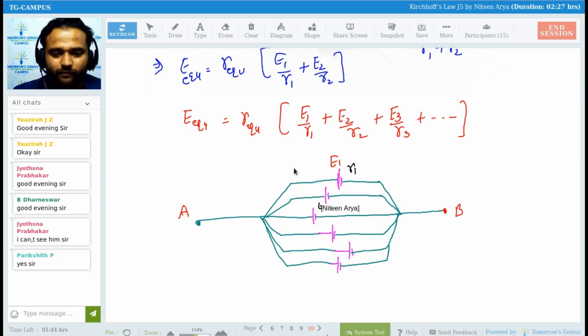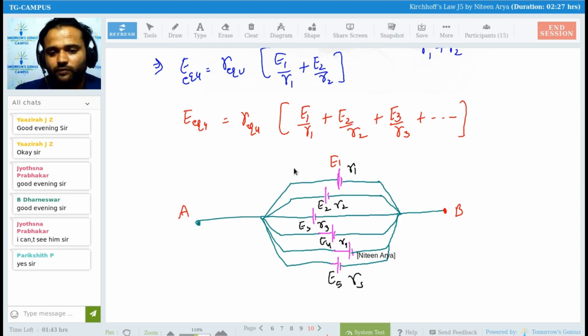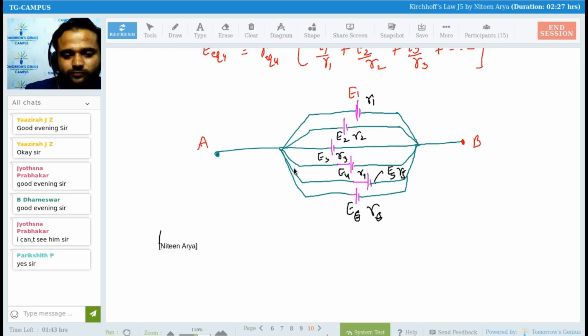R1 automatically, E2 R2, E3 R3, E4 R4, E5 R5. How many did I draw? 1 2 3 4 5 6. So then it is going to be 6, and that is going to be the 5th. So R equivalent you can find easily at an initial stage.